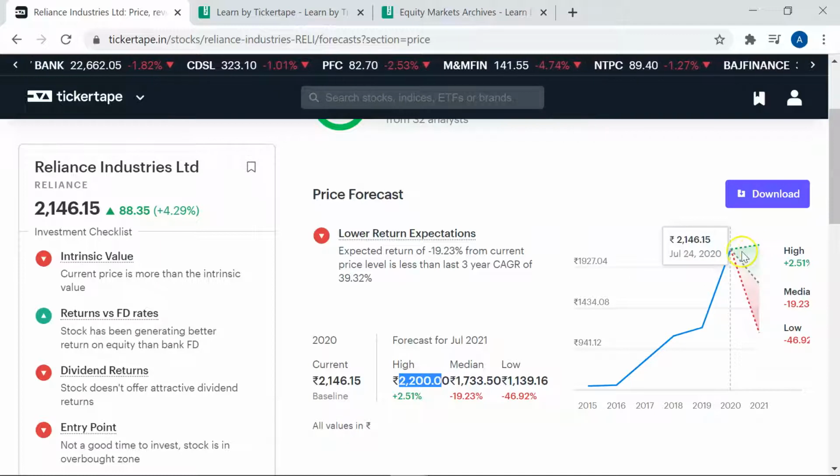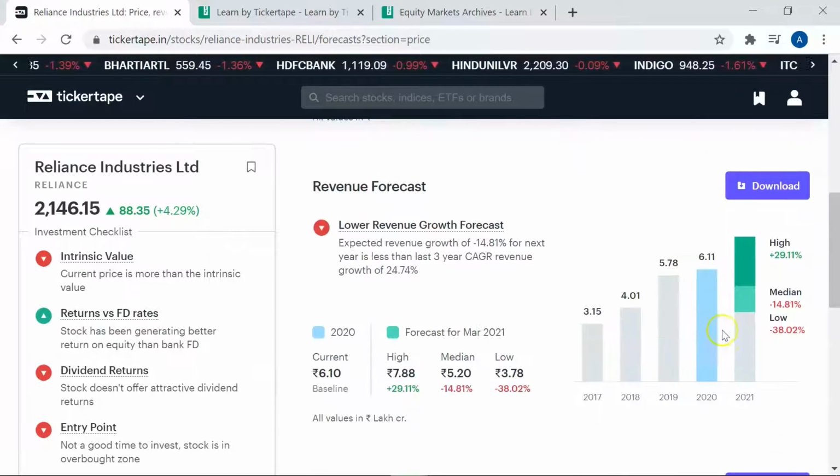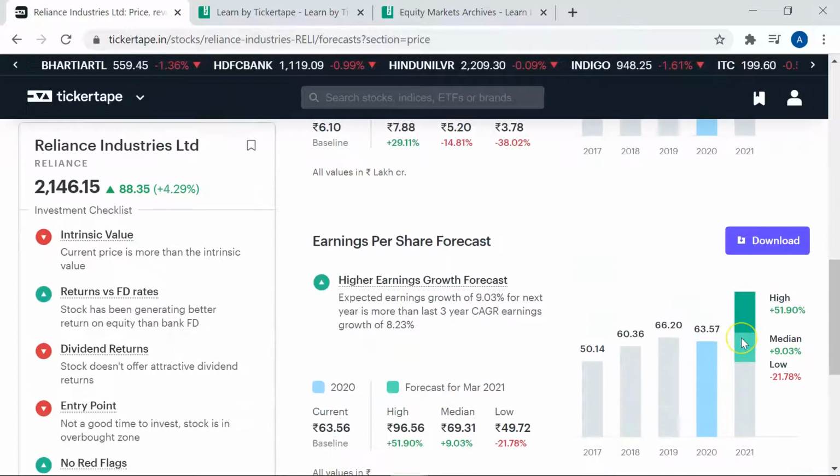So it is also predicting that the stock might barely go greater than 2100 in the next 1 year, which shall definitely not be the case because of the hype that Reliance is getting, Mukesh Ambani becoming the 5th richest person in the world, and such other news. So it is showing down only. 2 trends are showing down because it was always low, less than around 1000 or 1200 in the last 5 years. So even the growth forecast will be like that.